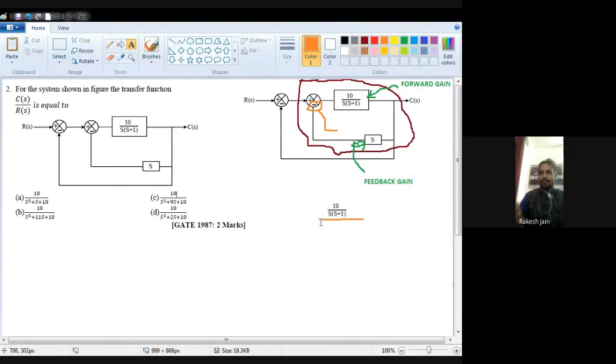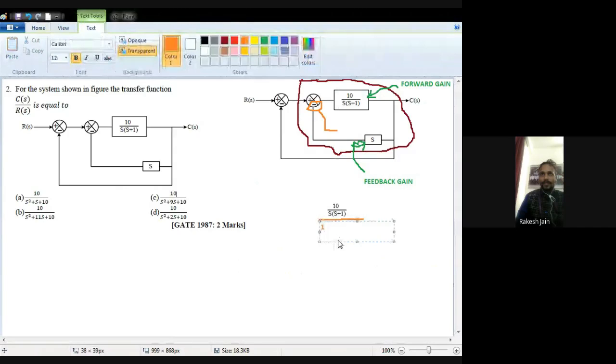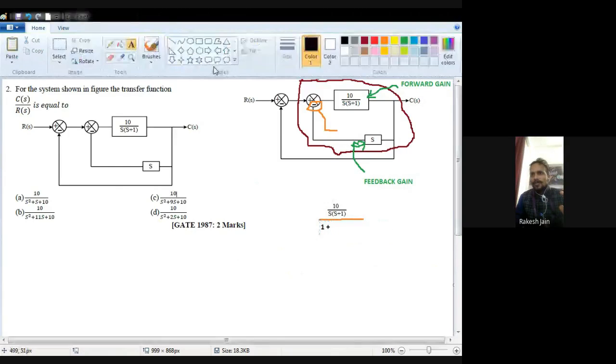But here I have to use only the plus because the feedback comes with the negative, because negative feedback is there. So 1 plus forward into feedback. So what was the forward? Forward was the same, 10 upon S, S plus 1, multiplied by feedback. So what is the feedback? Feedback is your S. Yes, so this is how we can solve the inner block.